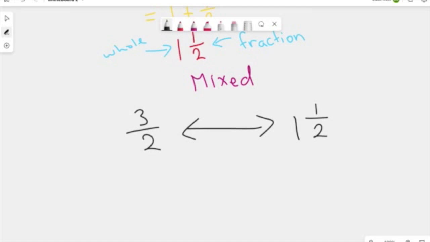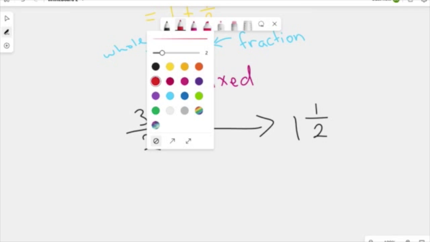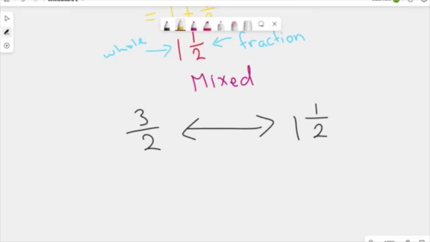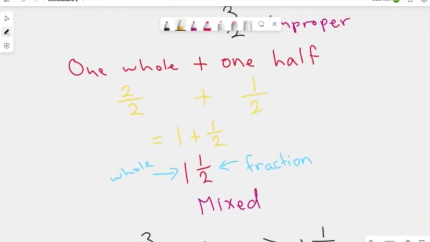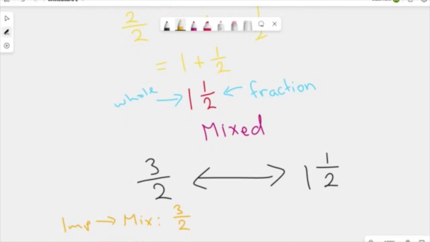And just for a little bit of intuition, say we wanted to read this from left to right. So I would take my left-hand side. Say I wanted to convert from improper to a mixed numeral. So I'm going to write here imp to mix. This is going to be our conversion. So I have 3/2, and I do this the exact same way I did up here.